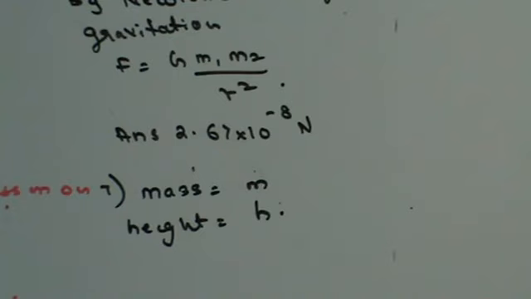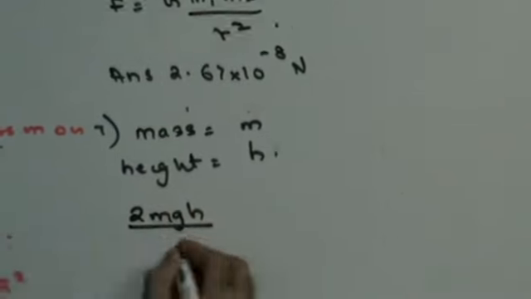Prove that the loss in weight due to variation of g is equal to 2mgh upon r.